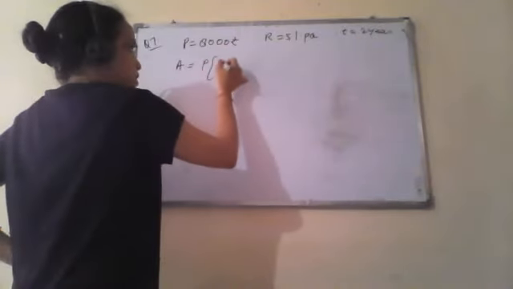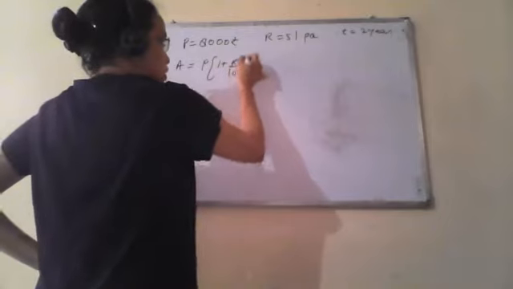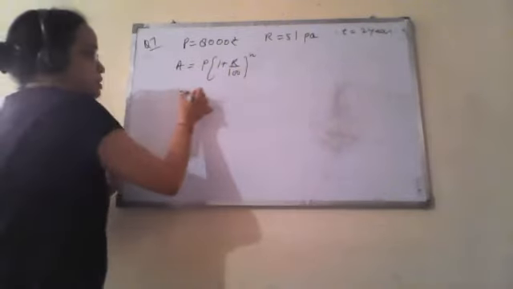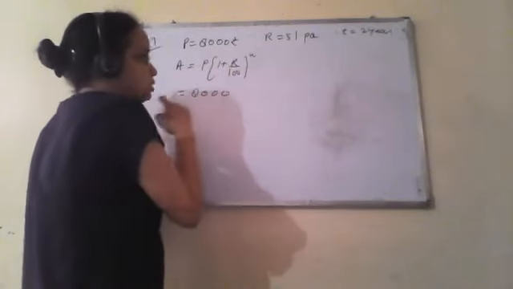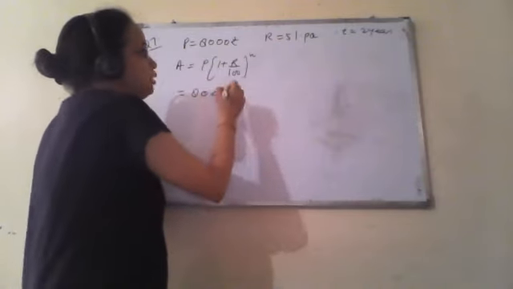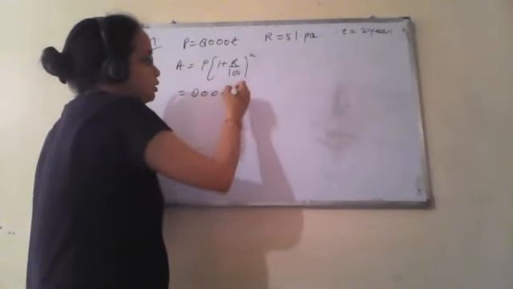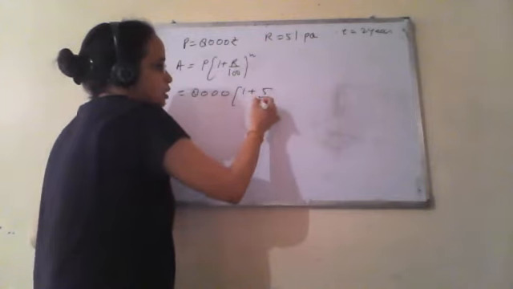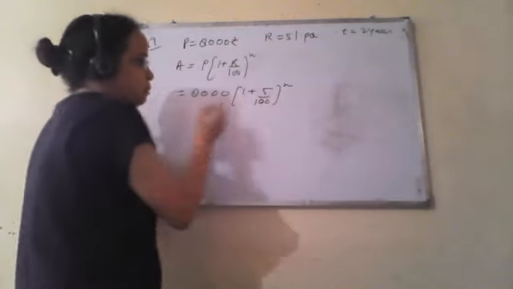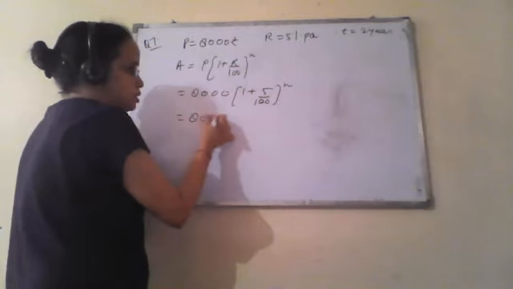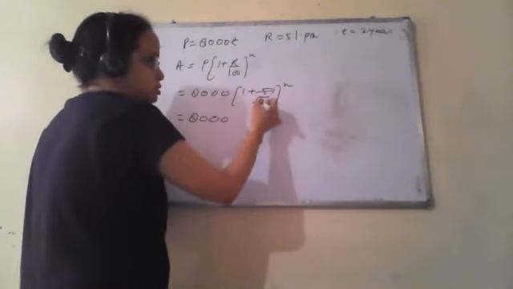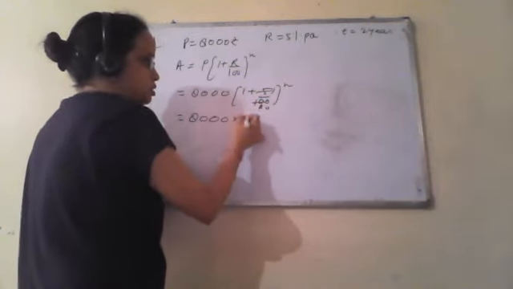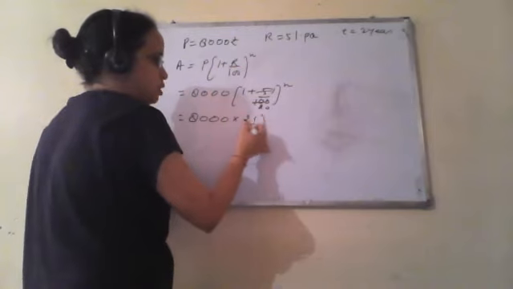So the amount will be principal into 1 plus R upon 100 to the power n. Principal is 8,000. This is 1 plus 5 upon 100 to the power n, which is 21 upon 20.